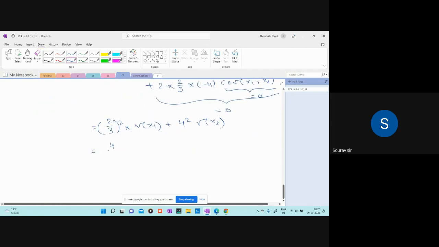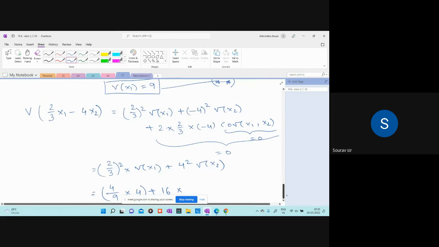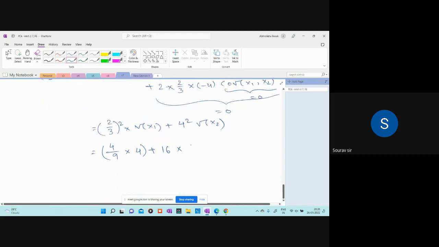And this is 4 by 9 into 4 plus 16 into what was variance of x2? 9. It's 16 by 9 plus 16 into 9. So tell me the value.